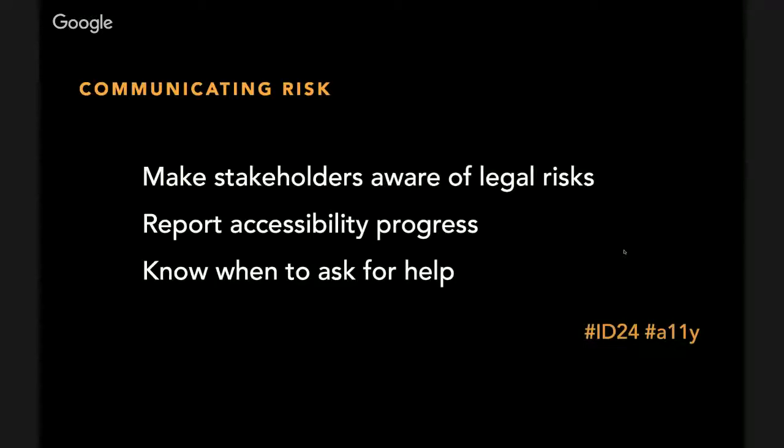There are certainly a number of consulting firms and accessibility subject matter experts available to assist in a professional capacity as well as an informal capacity on projects. So when you're feeling like the risks are great, it may be time to ask for help from an outside resource.